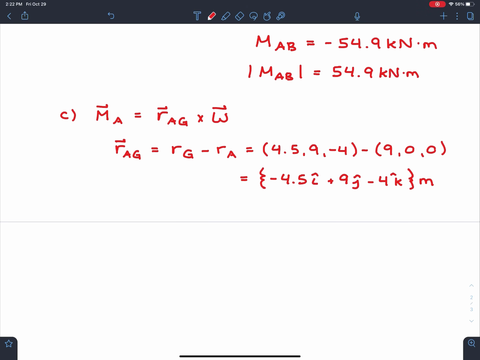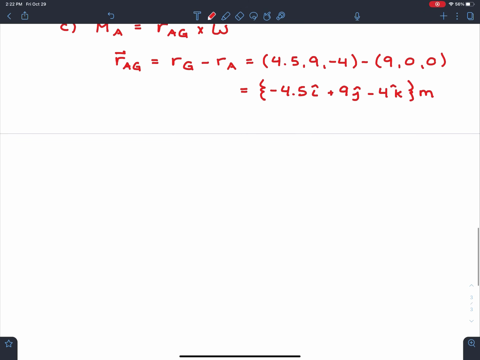Now that I have that position vector, it's very easy to determine the cross product. I'm going to come down here and do the same thing as before, where our moment about A, I'm going to draw that nice big line. We start off with our position vector because it's the longest: negative 4.5, positive 9, and negative 4.